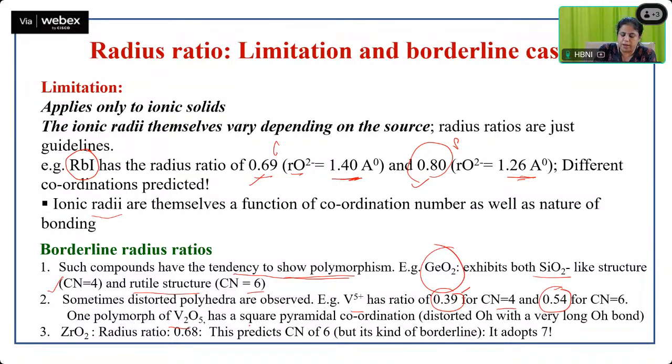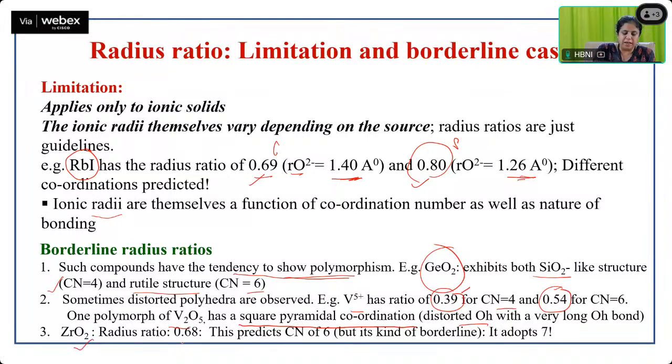It shows a square pyramidal coordination, which is nothing but a distorted octahedron wherein one octahedral bond has elongated much more and is now unequal to the other 5. Square pyramidal means you have 4 in the planar base and 1 on the top or bottom, whatever you want to choose.